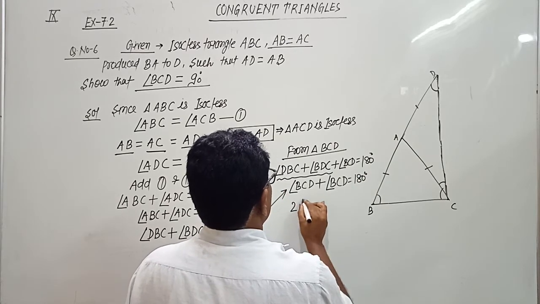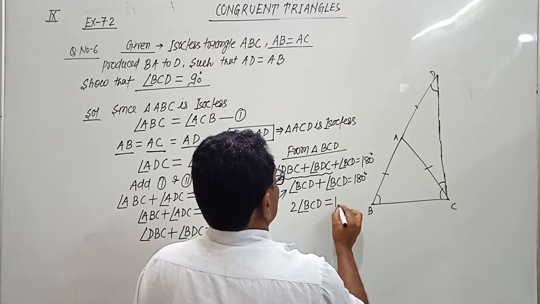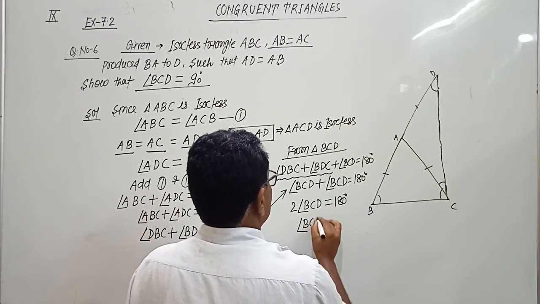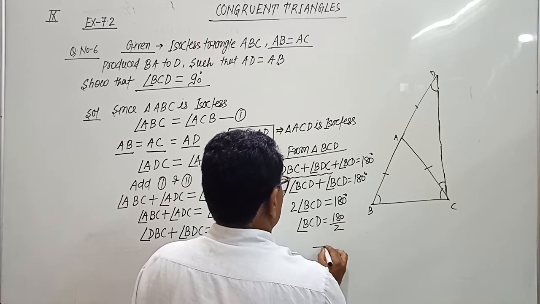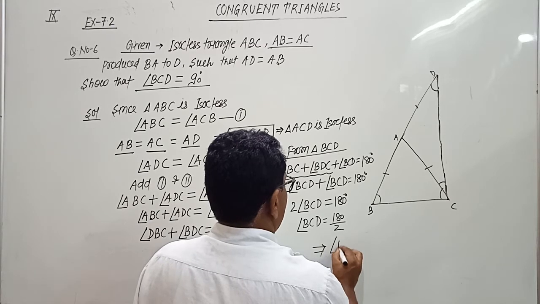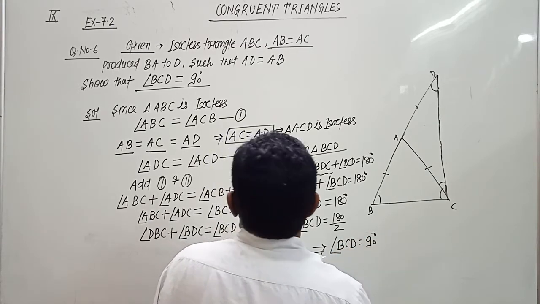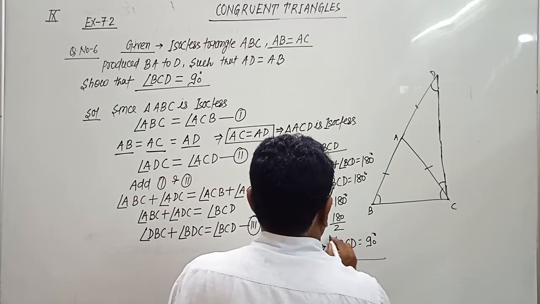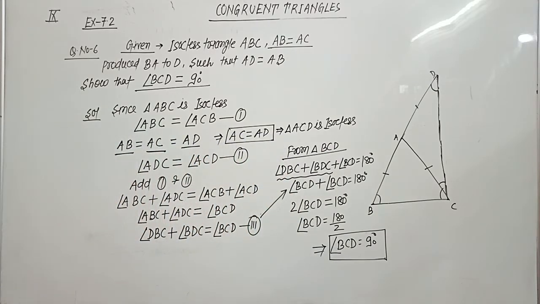So it becomes twice angle BCD equals 180 degrees, and angle BCD equals 180 by 2. So this implies angle BCD equals 90 degrees. So this we had to prove, that angle BCD is 90 degrees.